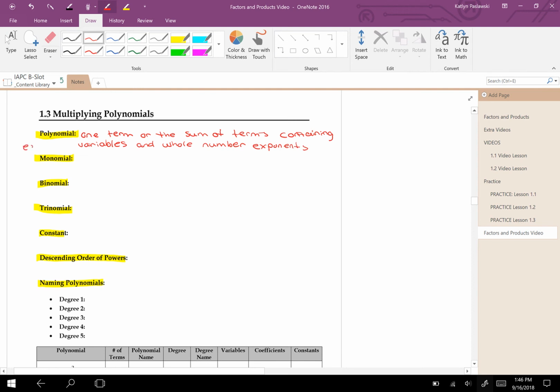An example of that, 3x plus 7. So we have our variable of x and our whole numbers.